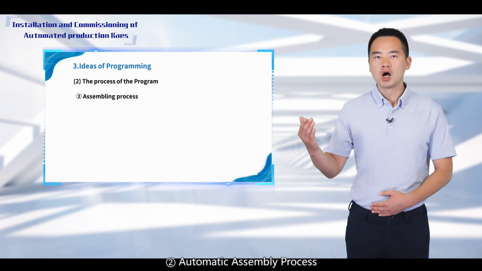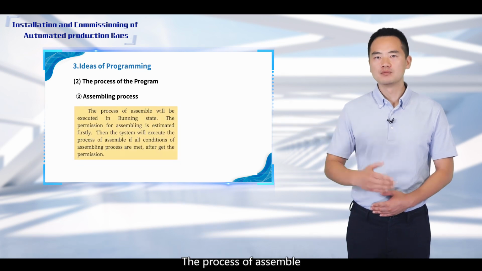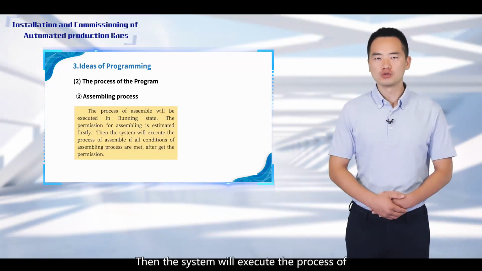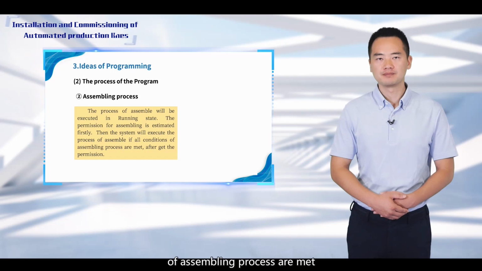2. Automatic assembly process. The process of assemble will be executed in running state. The permission for assembly is estimated firstly. Then the system will execute the process of assemble if all conditions of assembling process are met.